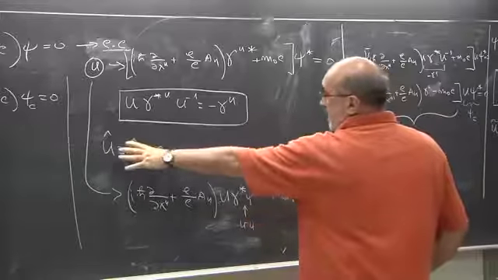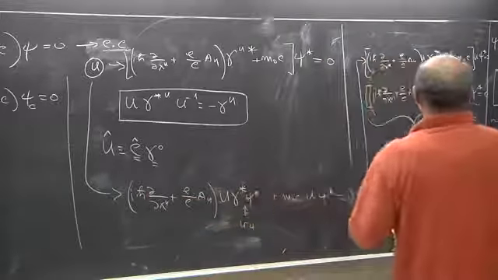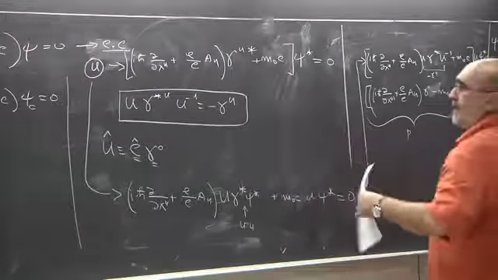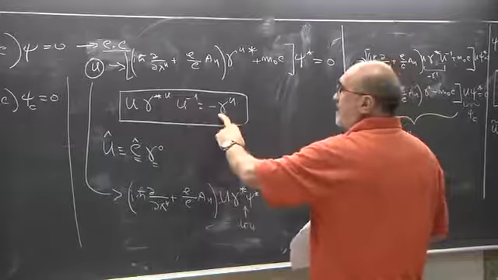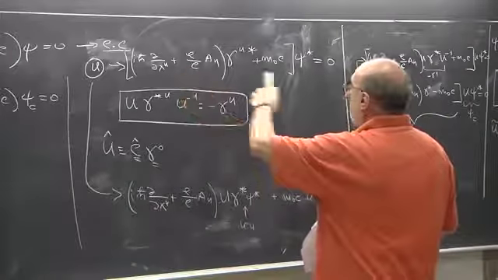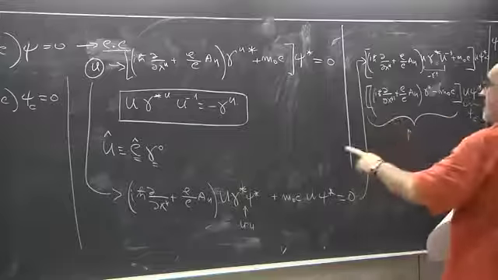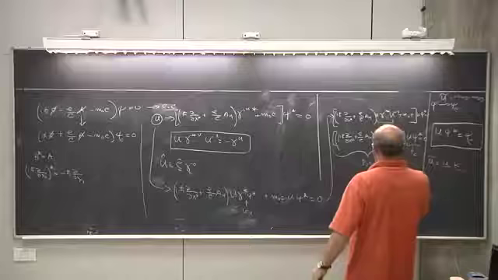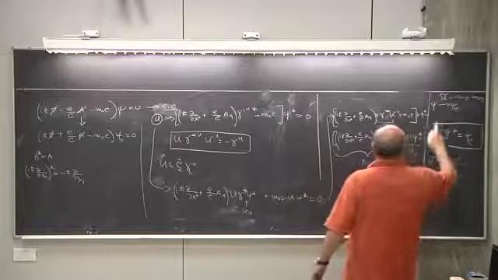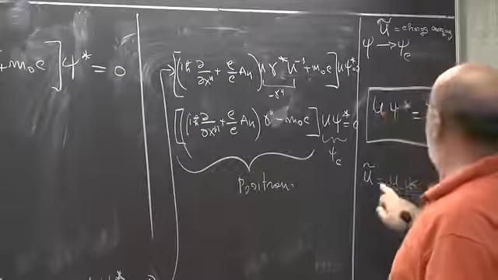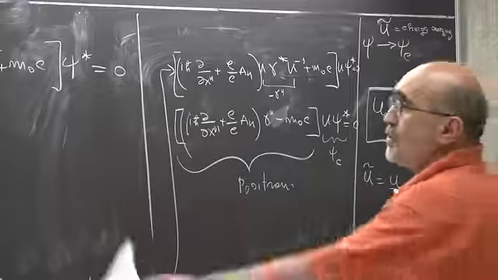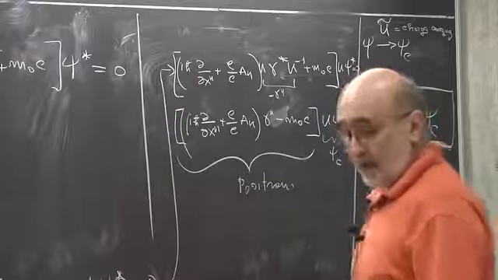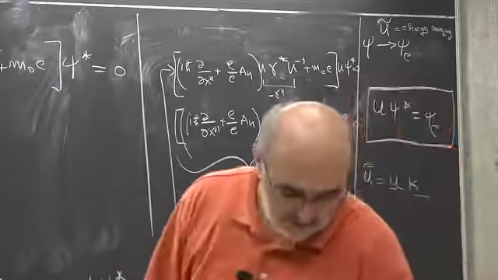If I find an operator that transforms the gamma star into minus gamma, and I do the complex conjugate, I get an equation that is really like the positron equation. So the U tilde I am looking for is something like this U that satisfies this property, multiplied by the complex conjugation operation.